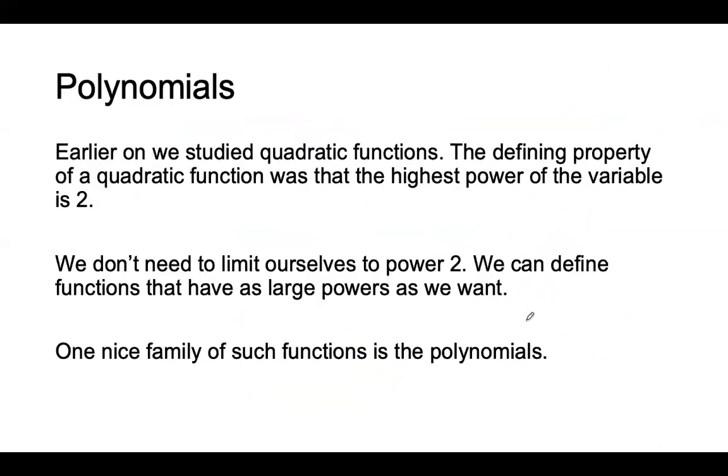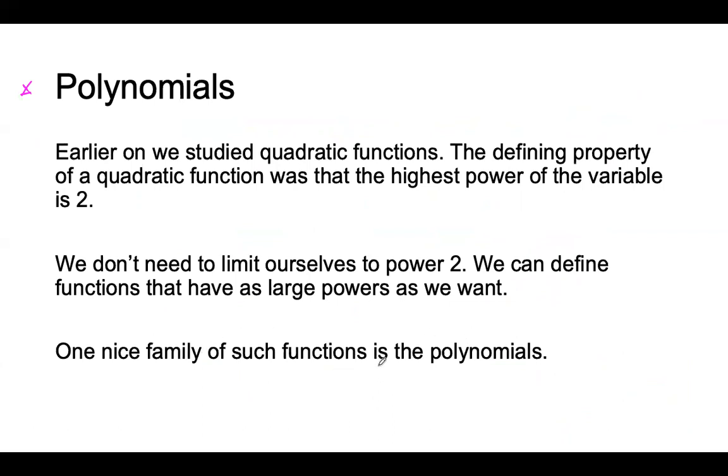Okay, one more topic. Polynomials. So earlier we studied quadratic functions. Polynomials occur in so many applications. The defining property of a quadratic function was that the highest power of the variable was 2. We don't need to limit ourselves to powers of 2. We can define functions that have as large powers as we want.